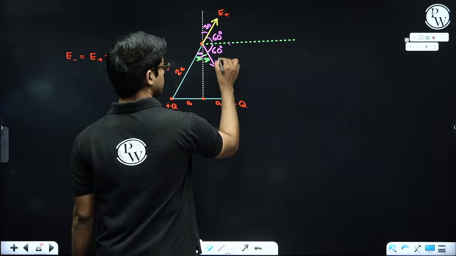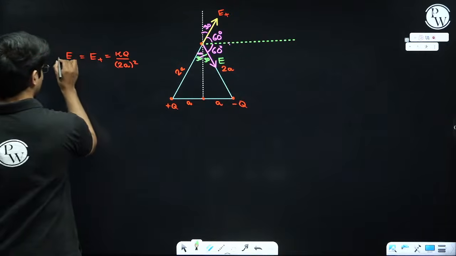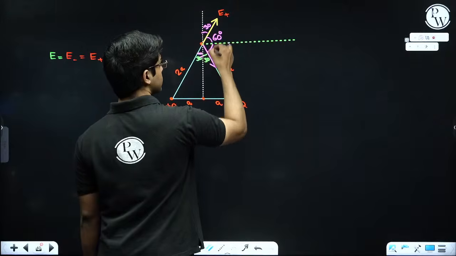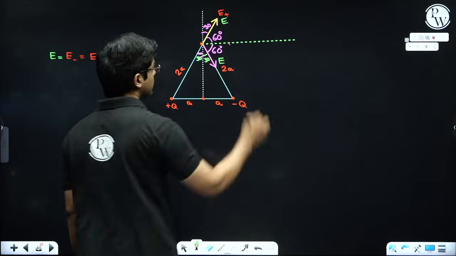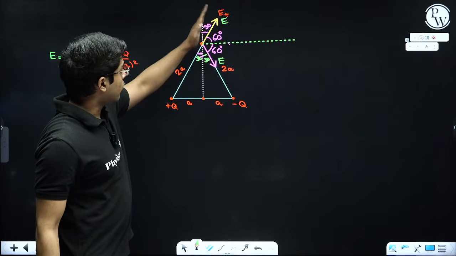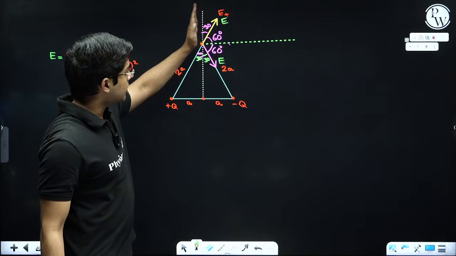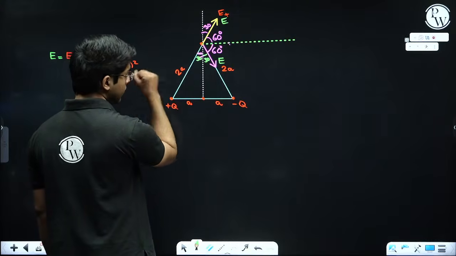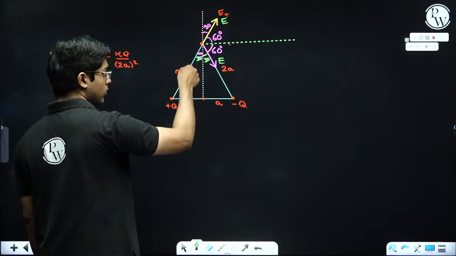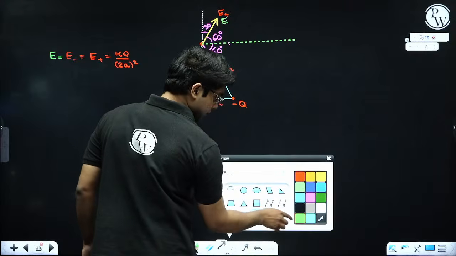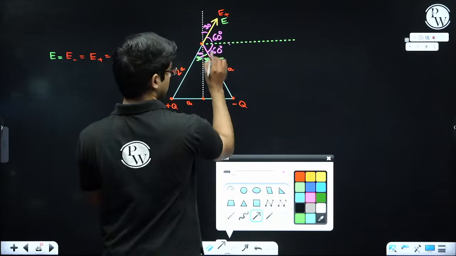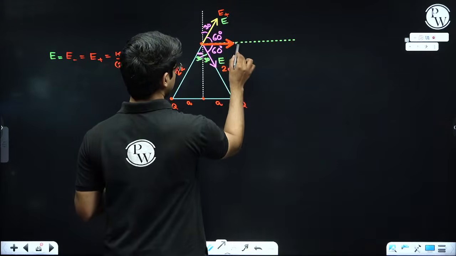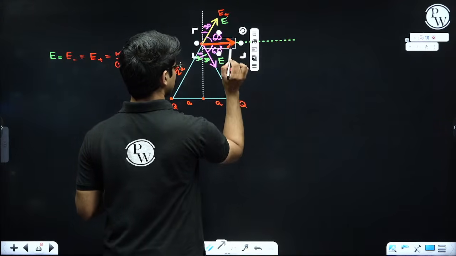Let's take the magnitude of both fields as E itself. So the purple arrow is E, and this yellow arrow is also E. It is easy to see that the y component is E sin 60, and here the y component is minus E sin 60. So their y components cancel out. So the net field will be along the x direction.